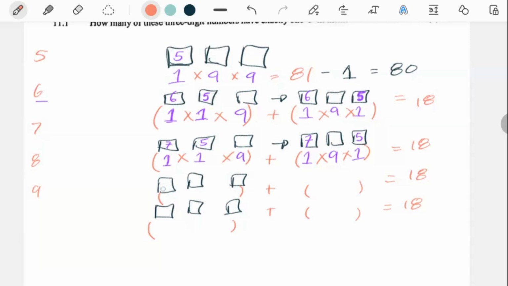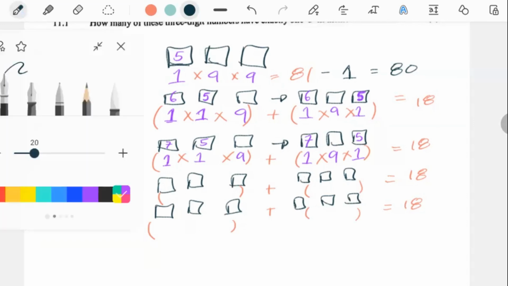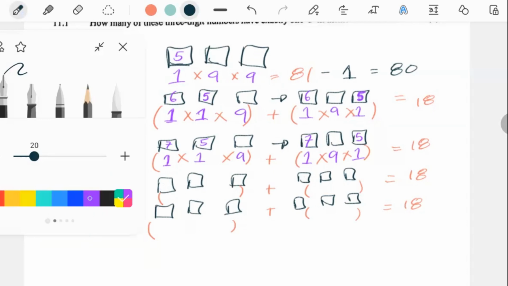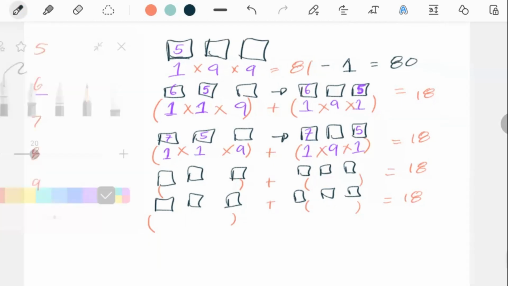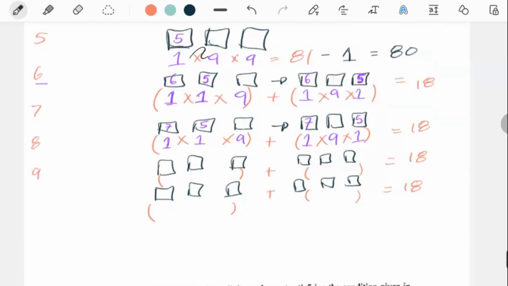In this case, it's 8 and then 5 directly after. Or you have a case where it is 8 and then the 5 is at the end. Here we know it's a case where 9 is in the beginning and then 5 is at the end. So these are the total number of options that end or start with the 5, or whichever way. These are all the numbers that have exactly 1 5 in them.